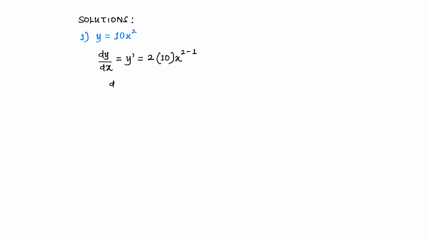So dy/dx or y prime equals 2 multiplied by 10 is 20, x to the power 2 minus 1 is 1. So our answer is dy/dx equals 20x, because x raised to power 1 is x. That's the solution to the first question.